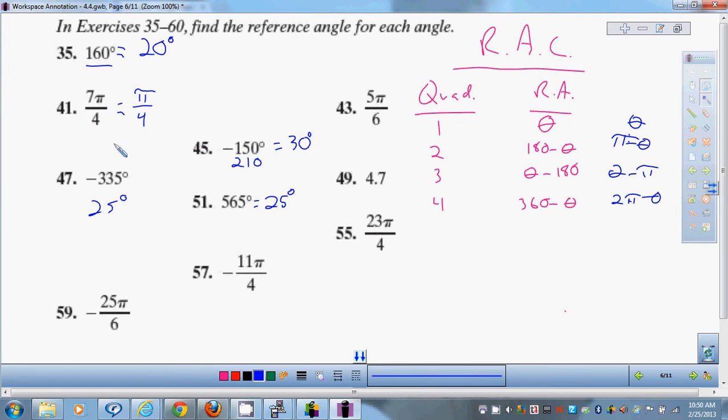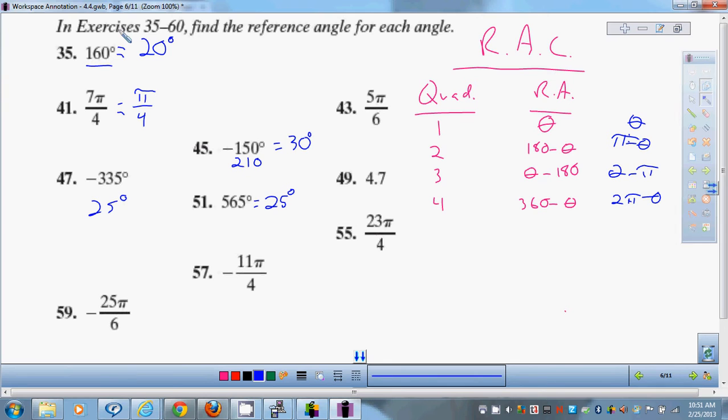Hey Jordan, what quadrant is 5 pi over 6 in? Now I don't know that it's on the unit circle. Very good. Being in the second quadrant, what formula do I use? Pi minus theta, that's right.